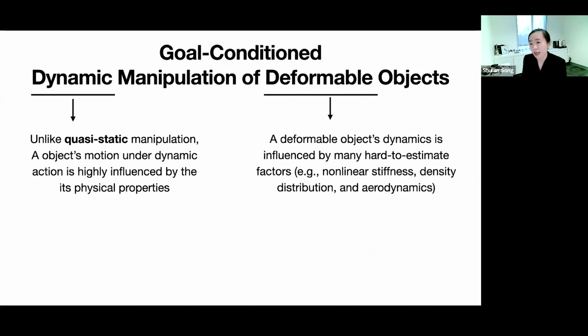At the same time, for deformable objects, the physical properties are often defined by many hard-to-measure parameters, such as nonlinear stiffness or nonlinear density distributions. As a result, this combination of dynamics and deformable objects makes it extremely difficult for robots to accurately plan their actions to achieve a precise goal.